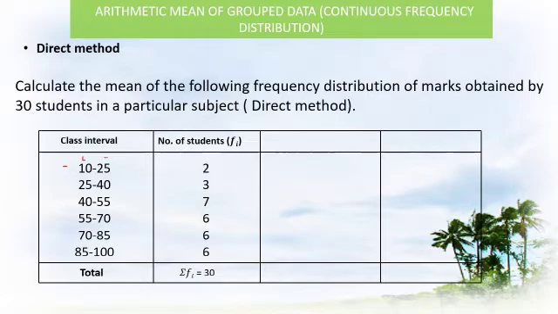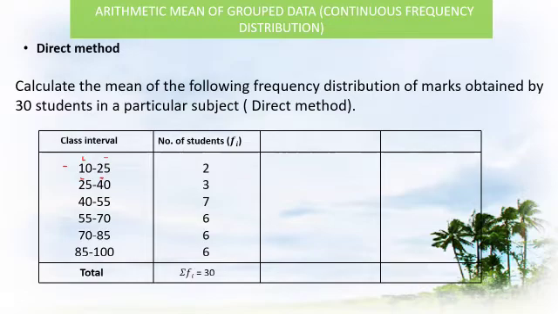Now look at the second class interval, 25 to 40. Here 25 is the lower limit and 40 is the upper limit. Now this is a continuous frequency distribution. Why? Here the upper limit of the first class and the lower limit of the second class interval are the same. So it is a continuous frequency distribution.